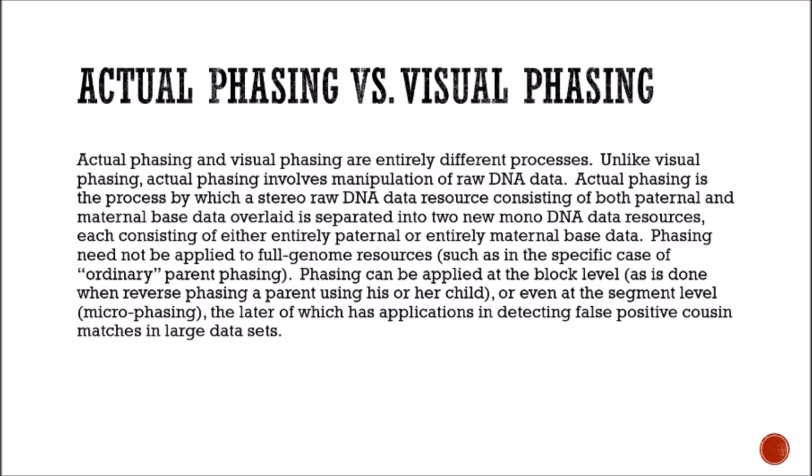Unlike visual phasing, actual phasing involves manipulation of raw DNA data. Actual phasing is a process by which a stereo raw DNA resource, meaning it has both paternal and maternal copies, and those copies are overlaid. So when you open up your raw DNA file, it's not like the first column is the paternal copy and the second column is maternal.